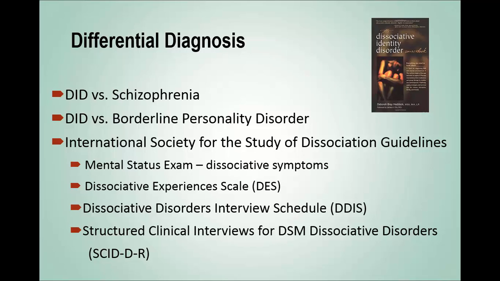Apart from schizophrenia, though, the other most prevalent diagnostic issue is borderline personality disorder, or BPD. It's quite common for dissociators to receive this diagnosis at some point in the course of their therapy.